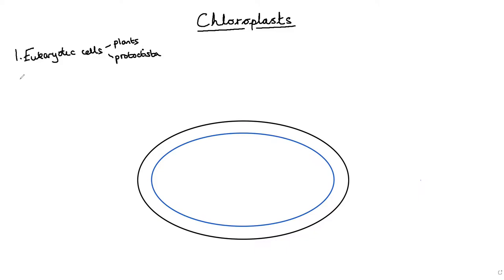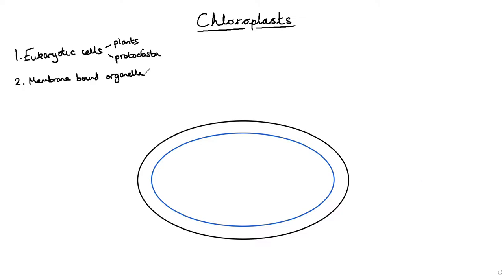They are membrane-bound organelles, and this is the main reason why they are found in eukaryotic cells only, because eukaryotic cells contain membrane-bound organelles, whereas prokaryotic cells, the bacteria, don't. So do see my video on prokaryotic cell structure where I'll talk a little bit more about that.